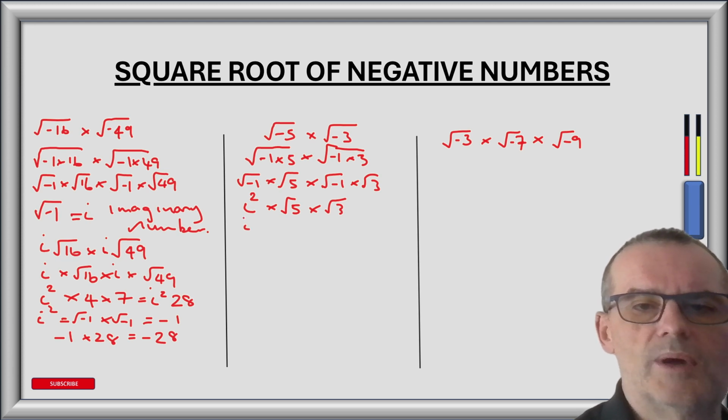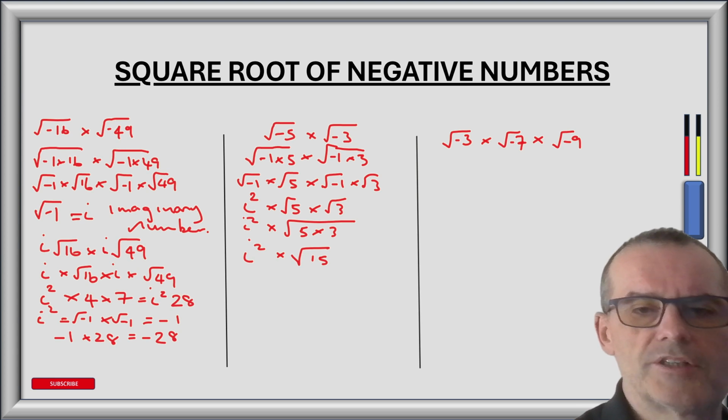So you have i squared times, now root 5 times root 3 is root of 5 times 3. So you have i squared multiplied by root 15.